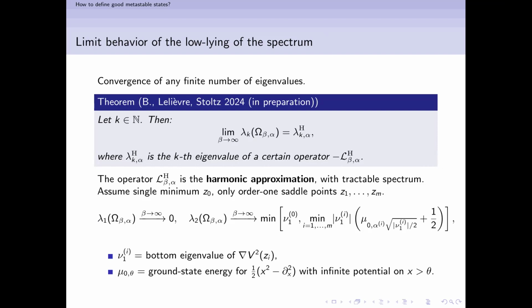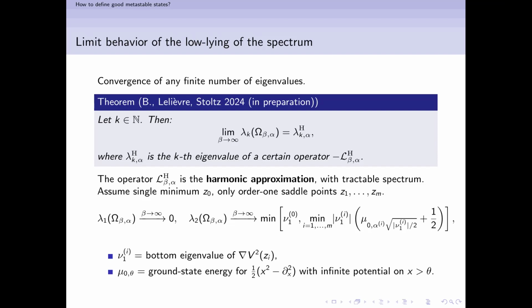And just as an example, if you say you have only one minimum and only order one set of points in the domain, then you get this expression for lambda_1. Lambda_1 goes to 0 when beta goes to infinity. It just tells you that it takes infinitely long time to escape in the low temperature limit. It's reasonable. And then you have this expression.